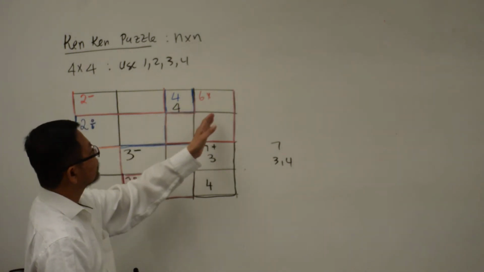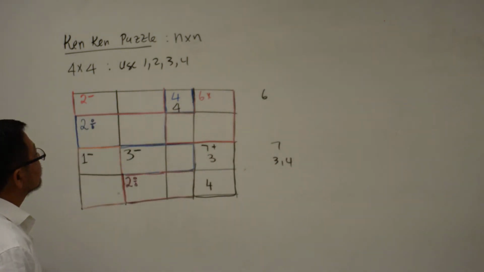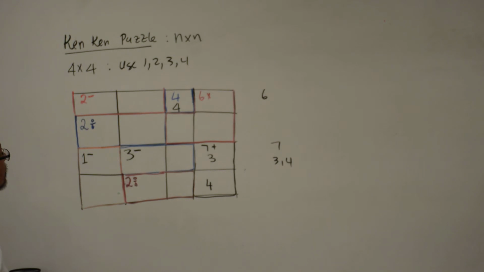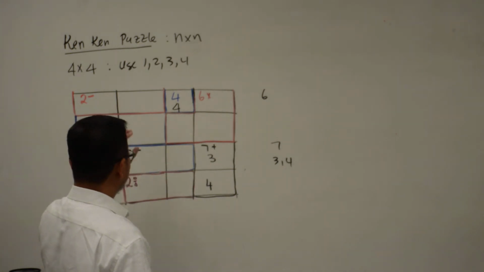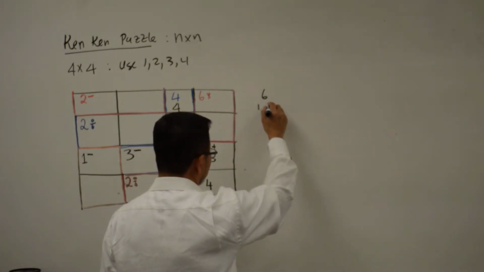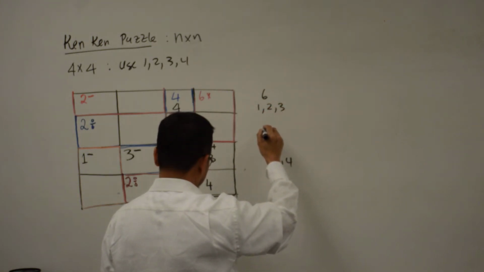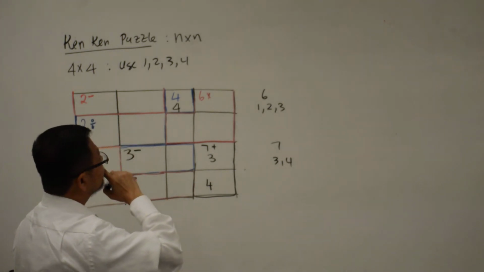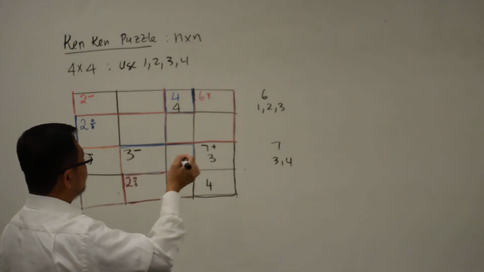Let's solve this one. 6. What can we use for 6 multiplied? From 1 to 4, we can use 1, 2, and 3, or 3, 2, and 1, it doesn't matter.